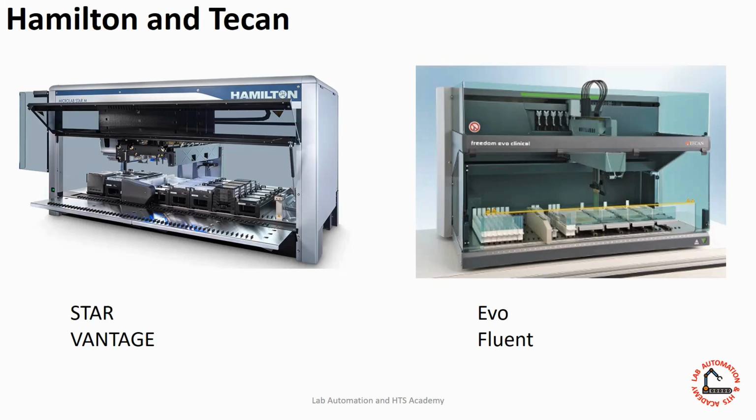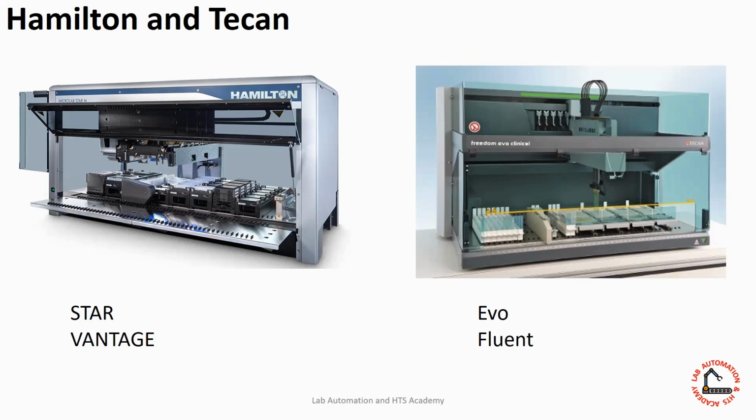Or if you want more flexibility, more freedom to do stuff, then you can use, for example, a Star. And if you think of a workflow where you can integrate different devices on the same robot, then you probably need to think about purchasing a Vantage. They become more and more expensive from the smaller ones.